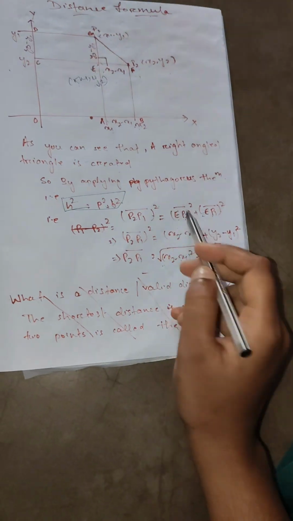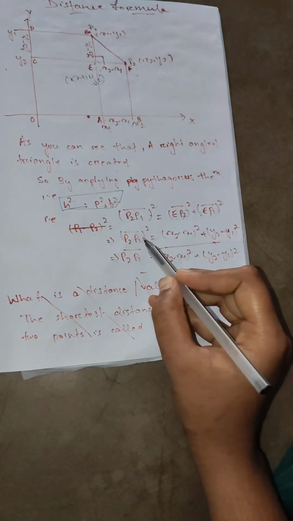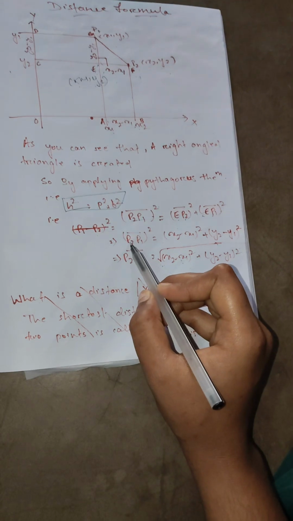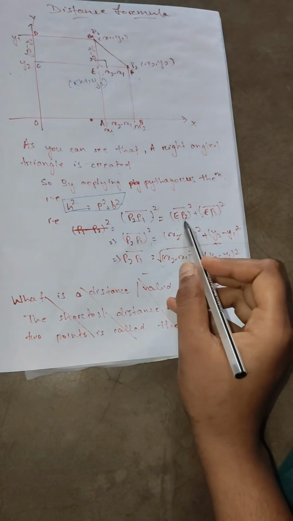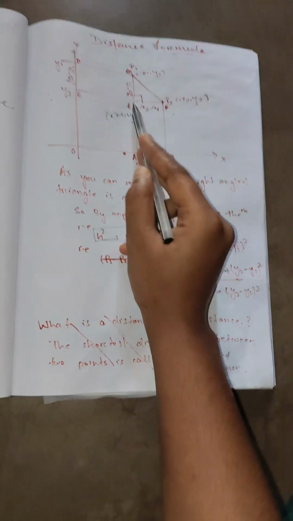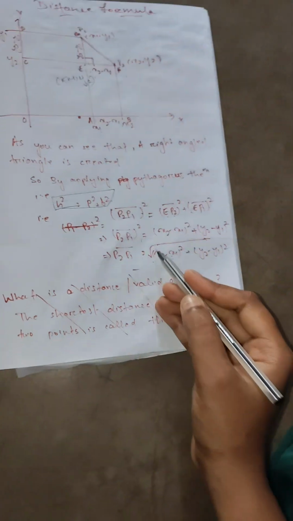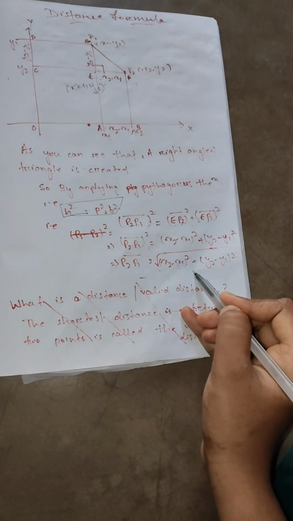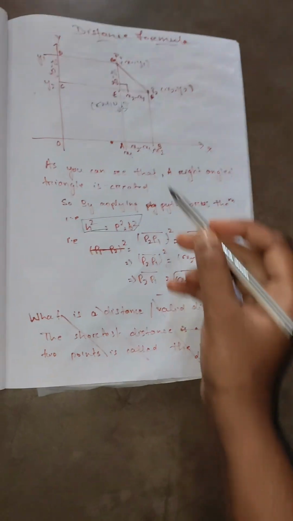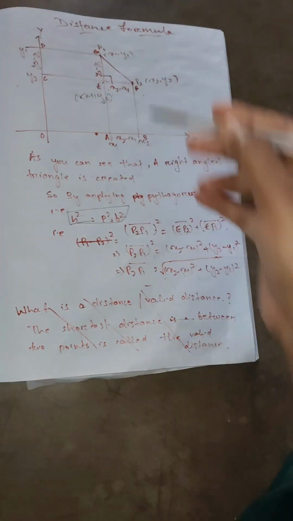Now writing this into the coordinate system, I can get PP1 whole square is equal to EP2, and EP2 gives me x2 minus x1, whole square, plus for EP1 I can write y2 minus y1 whole square.